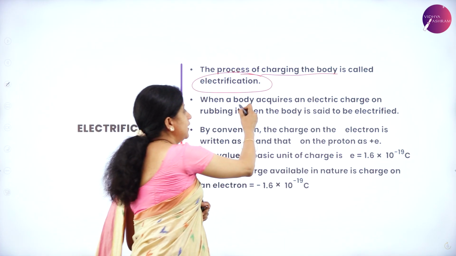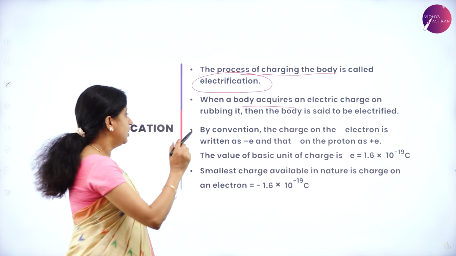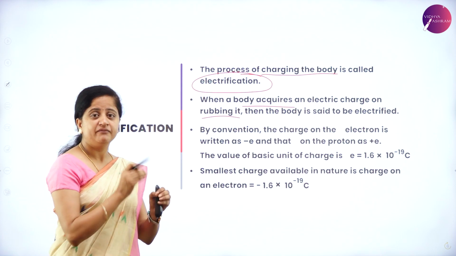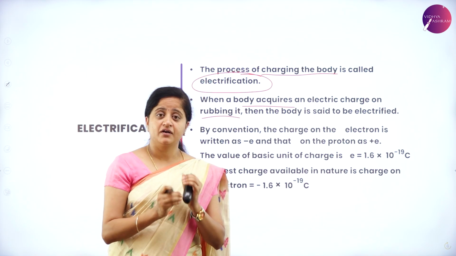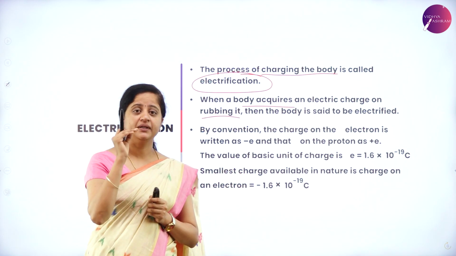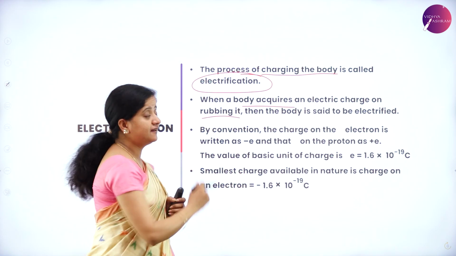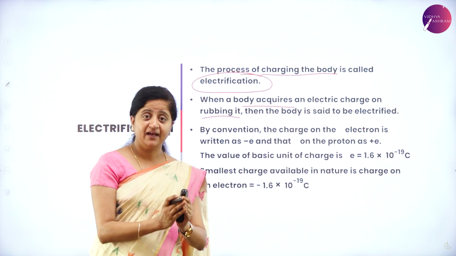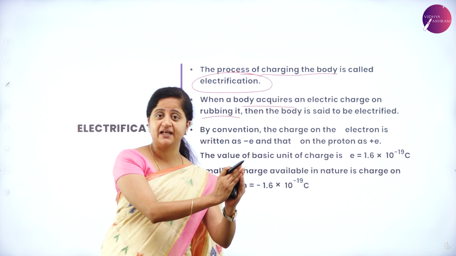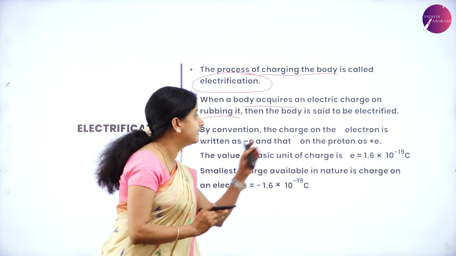When a body acquires an electric charge on rubbing, the body is said to be electrified. We know that by rubbing, or due to friction, charging can take place. So when a body acquires an electric charge on rubbing it, the charges pass on to that body, and we can call the body electrified.